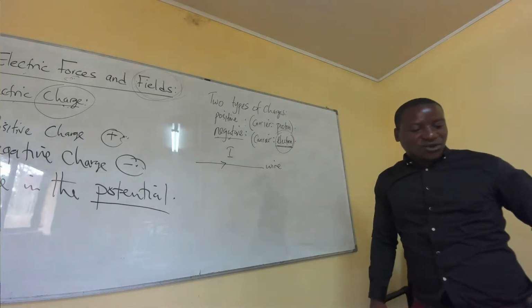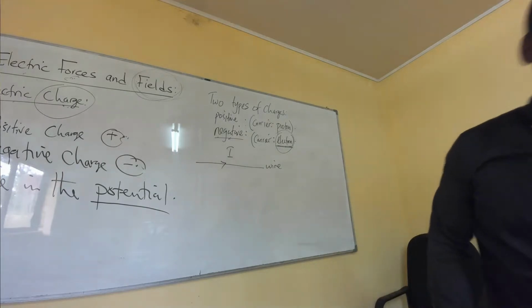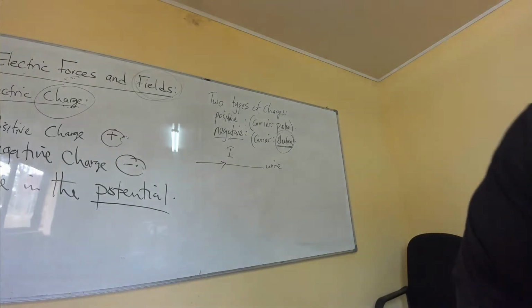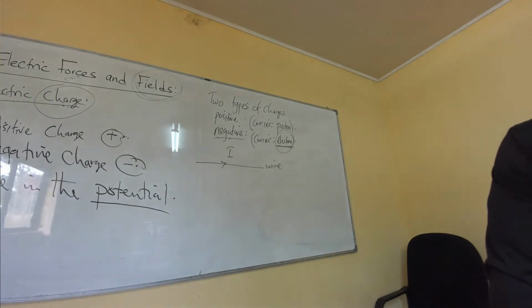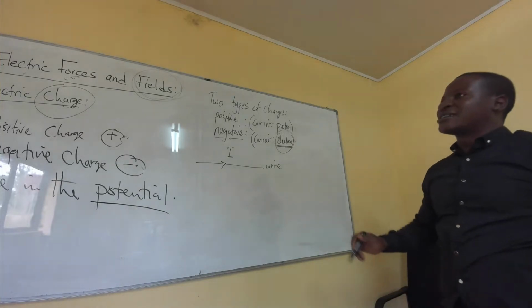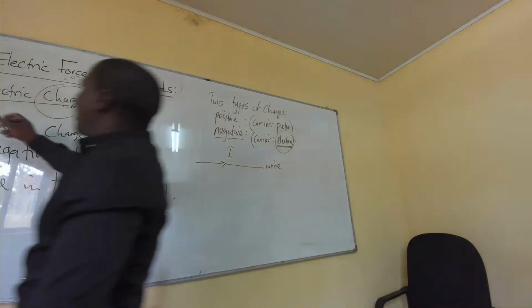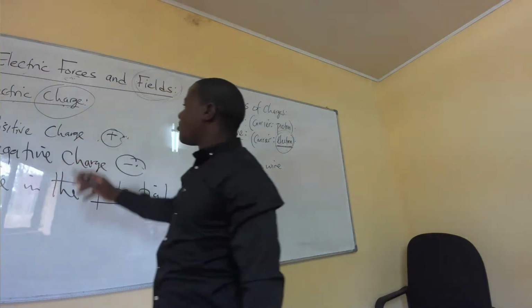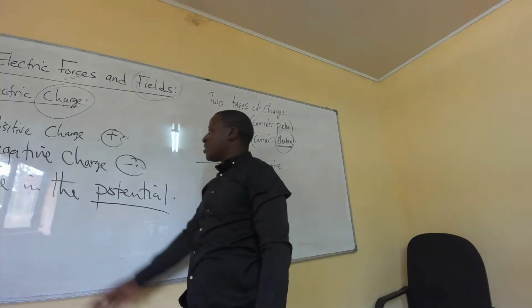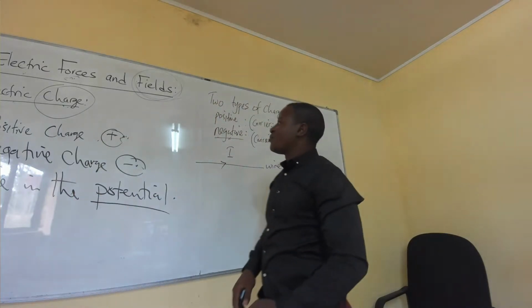All right, so moving forward, we've looked at the first one, which is just the electric charge, and we've mentioned that we have two types, which is the positive charge and the negative charge, created by the difference in potential.